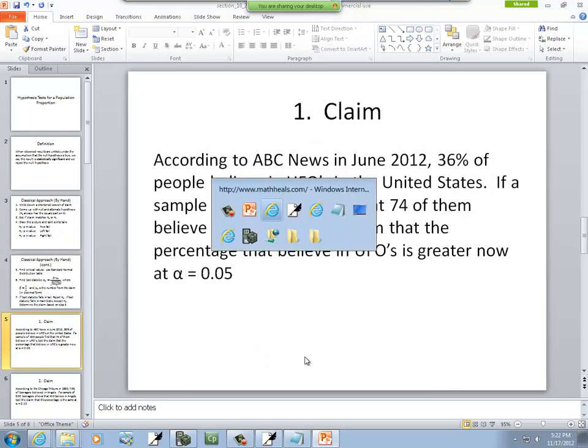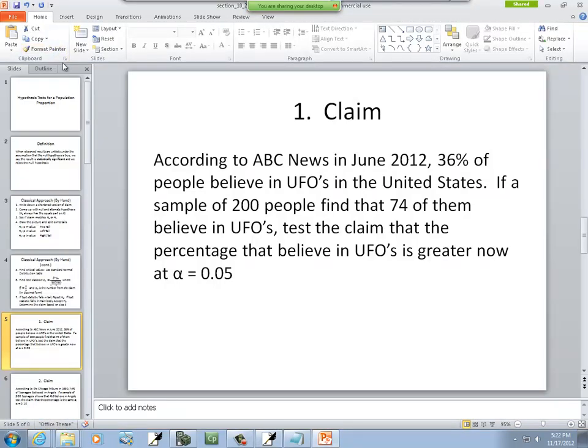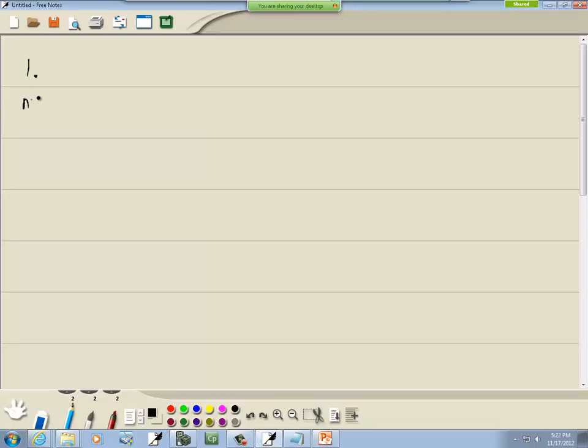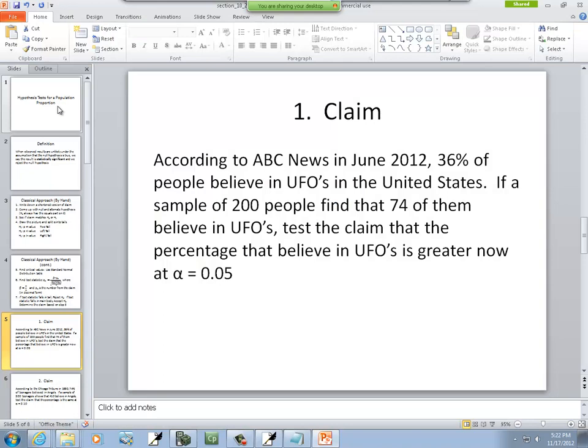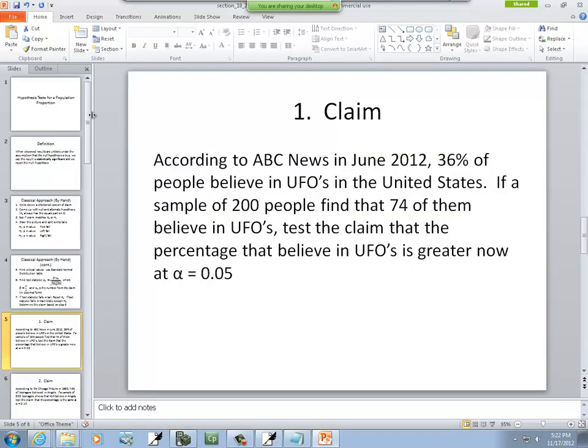So let's look at our first problem. According to ABC News in June 2012, 36% of people in the United States believe in UFOs. If a sample of 200, so n is 200, finds that 74 of them believe in UFOs, so x is 74.